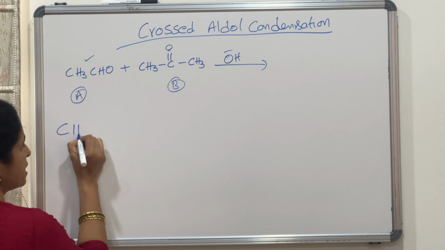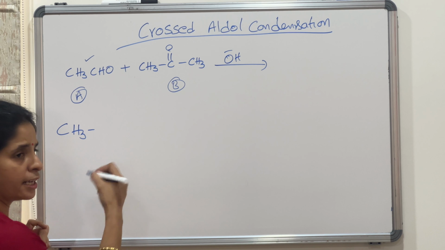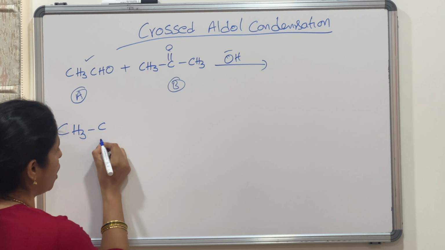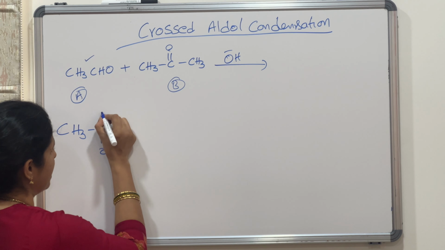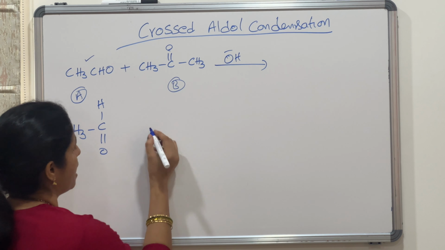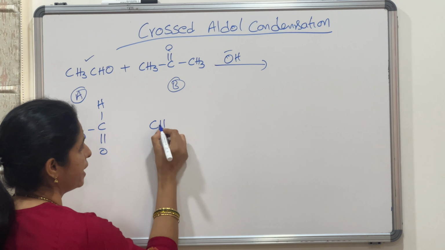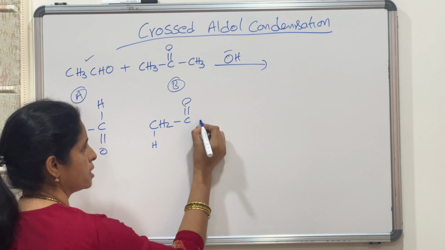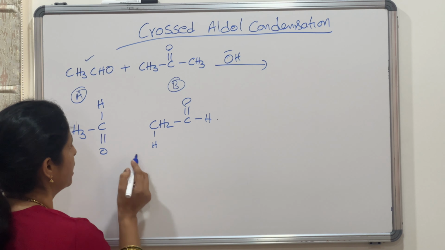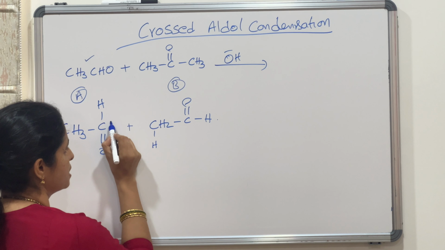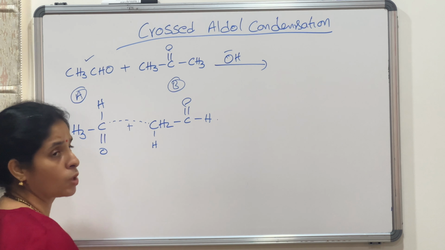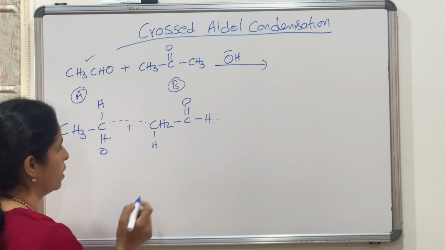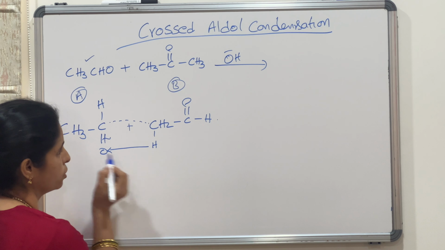If two acetaldehyde molecules undergo self condensation, as I told you, you just attach, you write like this, and take one alpha hydrogen out and write down this one. Now the first step, you attach these two carbon atoms and break that pi bond, and transfer this hydrogen to this one.